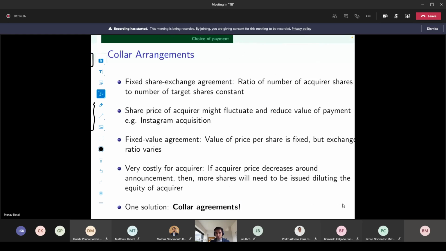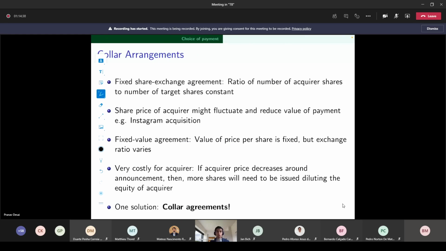A more common way of paying is something called a collar agreement. A collar agreement is exactly like an option. It's kind of like two options put on top of each other. So when you're paying with stock, let's go back to this Facebook, Instagram example. $700 million were paid in stock in this case. You can come up with two types of arrangements.